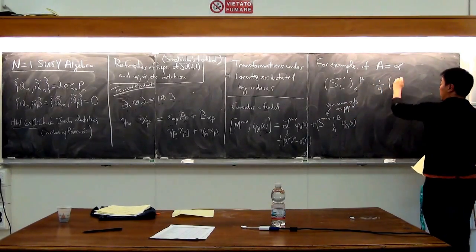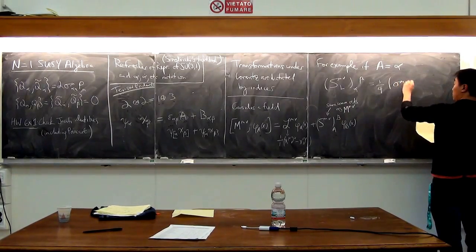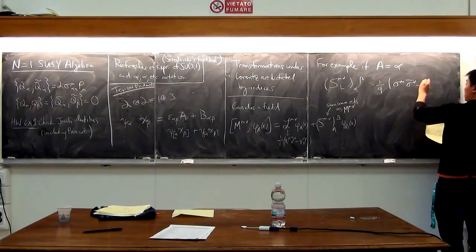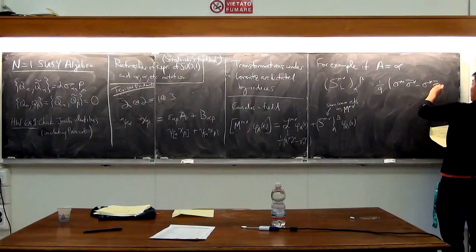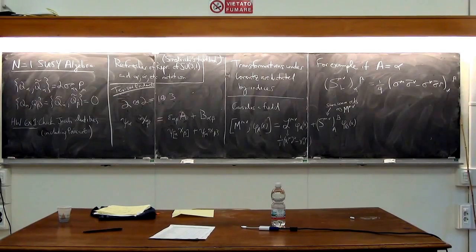Turns out to be sigma mu bar nu. Okay. In fact, that's sort of the simplest thing you could write down. Well, the only thing you could write down, I think, with the right index structure.